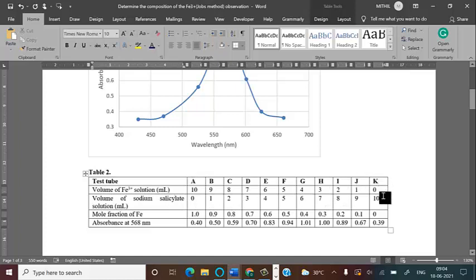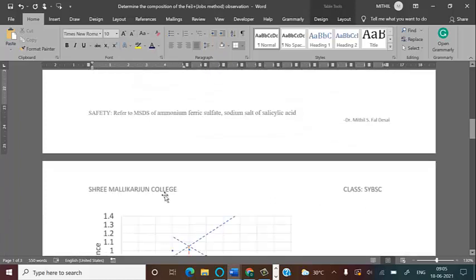So finally in the K test tube we have 10 ml of 0.0025 molar sodium salicylate, while there is no ion in it, and in the F test tube it is equimolar concentration. So how have we done it?